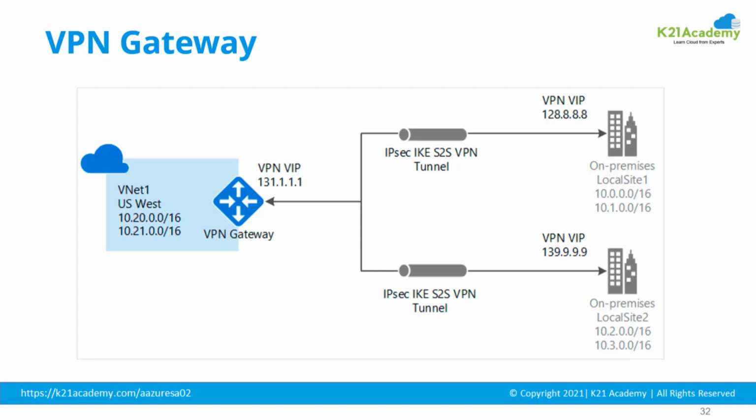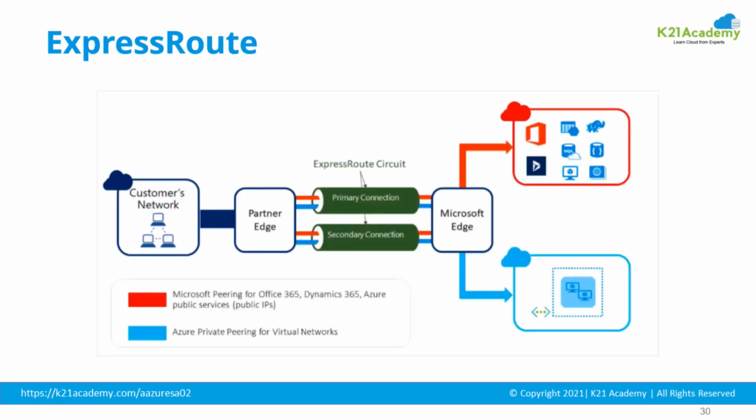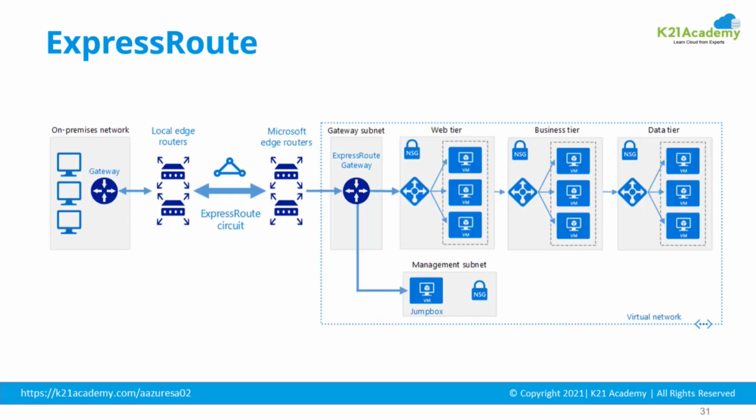But in VPN Gateway, the data is traversed between client and server securely over the internet. So you can't guarantee the bandwidth that you get because you're dependent on the wide area network or the internet. Whereas on ExpressRoute, there is a dedicated line or dedicated pipe, and you always know that at least you're going to get that much network bandwidth that you agreed with your customer.